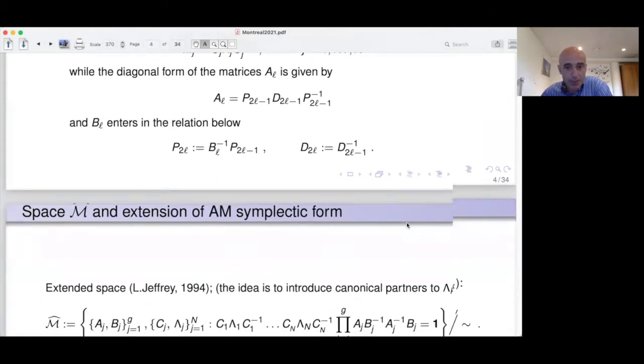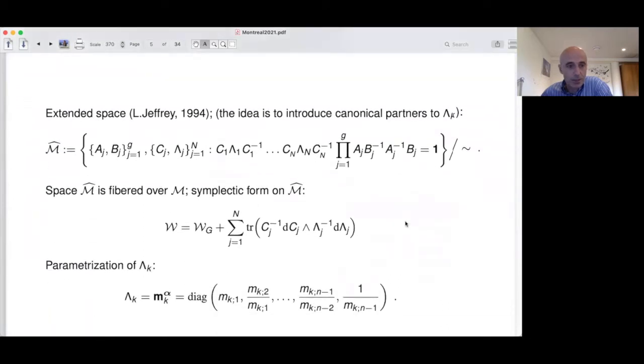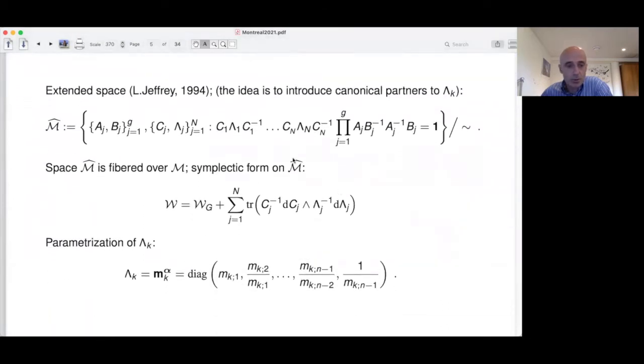Before explaining that, let's introduce another convenient space, which was introduced probably first by L. Jeffrey in '94. This space looks like that. Its monodromies along alpha and beta cycles are the same, and for the small loops around punctures, we look at not only the monodromy itself, but also its diagonalization.